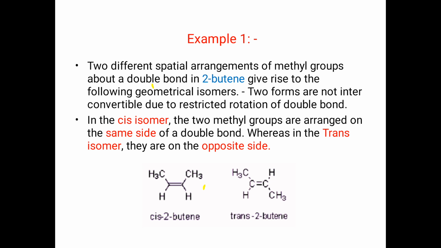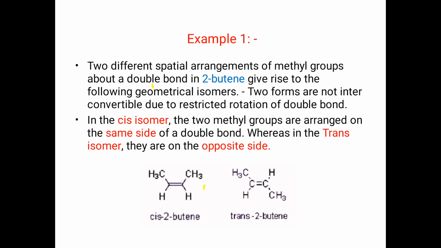In cis-2-butene, the two methyl groups, CH3, are arranged on the same side; that is known as the cis isomer.